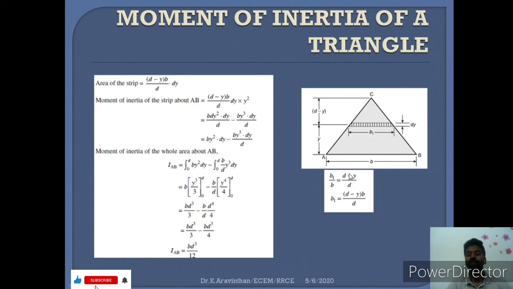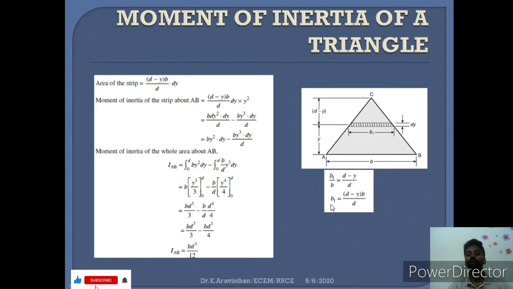That is this concept we have earlier discussed, so I will quickly recollect that there is a ratio between the greater triangle and the smaller triangle. Here you can see small triangle and a greater triangle. So by this relation b by d equals b1 by d minus y, where breadth is b and depth is d for the greater triangle, and b1 and d minus y for the smaller triangle.